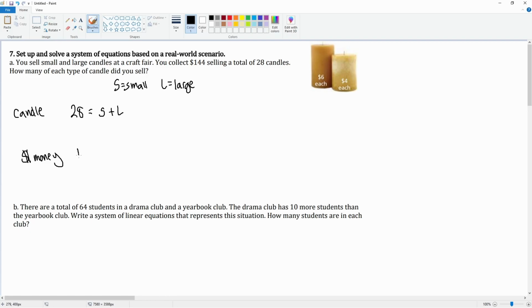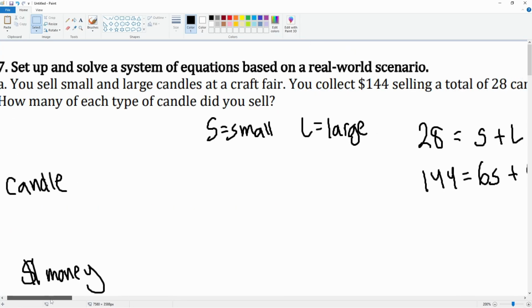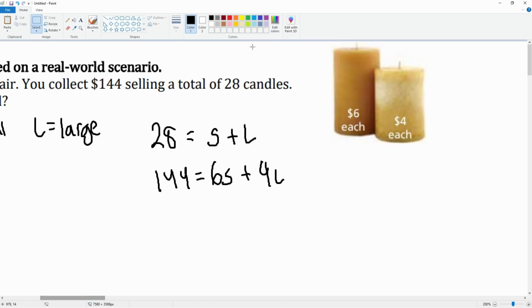Money, the total was 144, and we sell $6 for the small and $4 for the large. This would be your system of equations: 28 equals S plus L, and 144 is equal to 6S plus 4L.